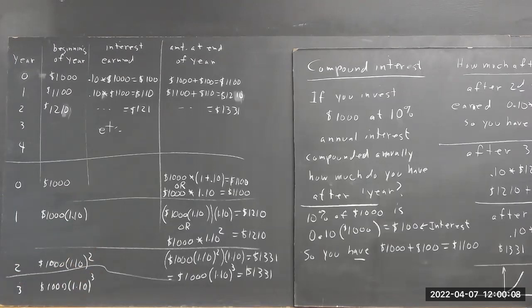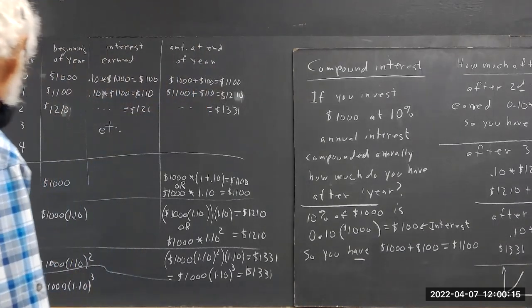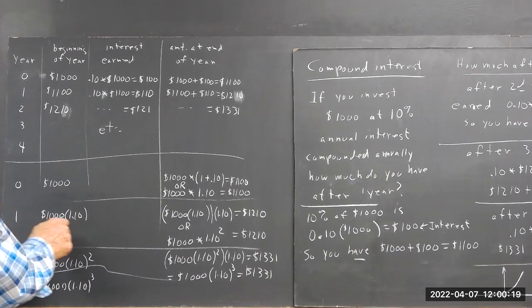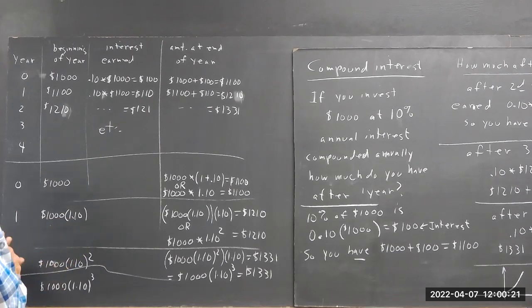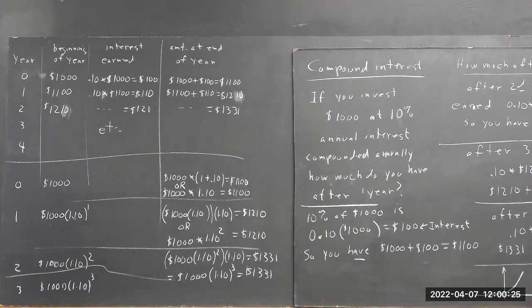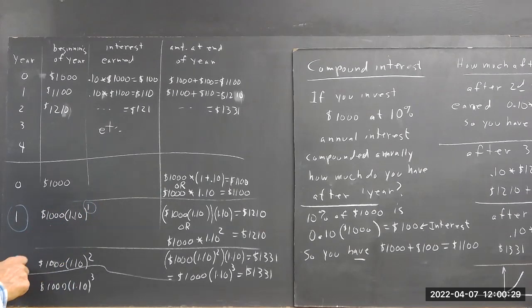Okay. So this tells us that after 1 year, we have 1,000 times 1.10. And we could write that as 1.10 to the first power. So after 1 year, we have this.